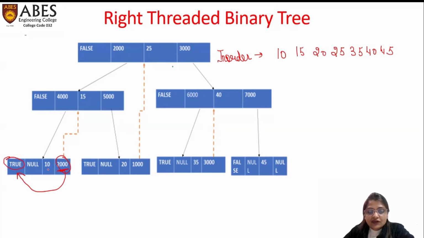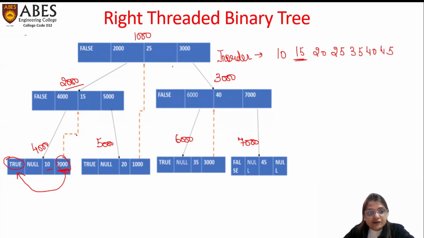And for this value, we find out 10's successor, which is 15. And 15 is available at address 2000, and that's why this null value has been replaced by 2000, and the right child will point to 15 now.